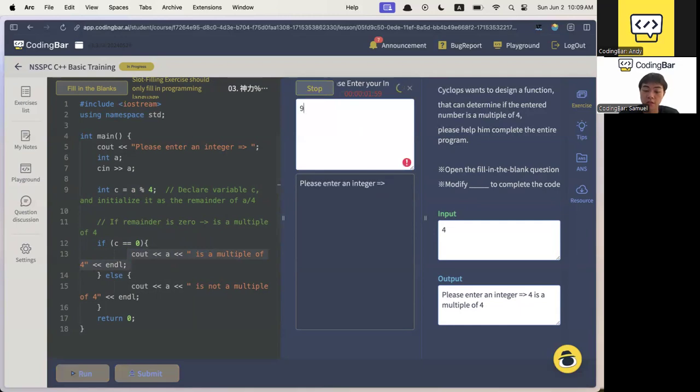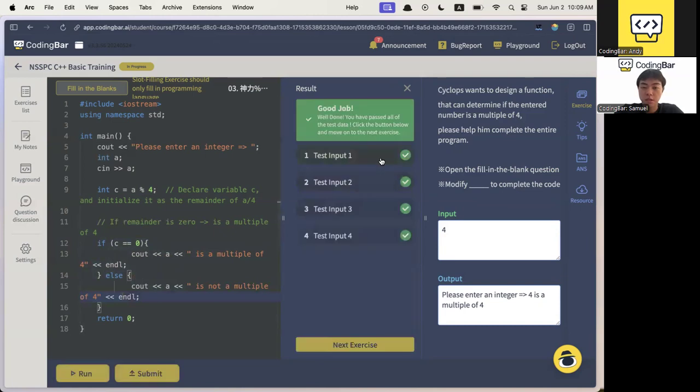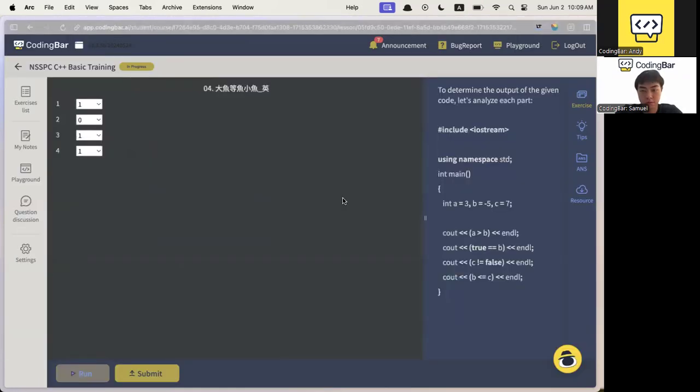However, if it's something like 99, 99 is not a multiple of 4. So this is a use case of the percentage operator. And as you can see, there's an if and else conditional statement, a control structure, here. This will be covered in chapter 2 as well, in next week's lecture. Okay, let's submit it, and successful.